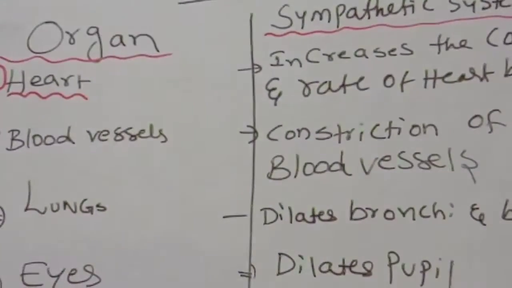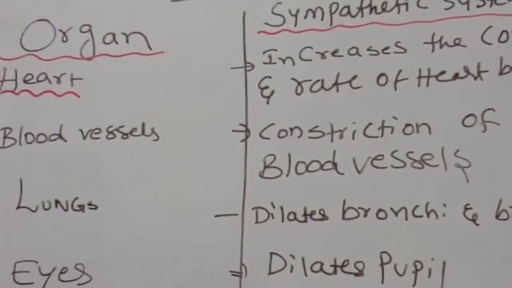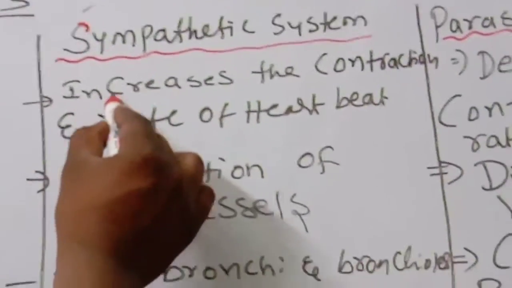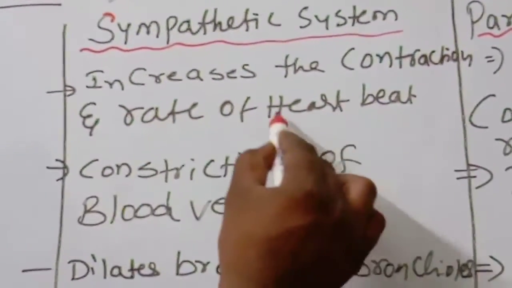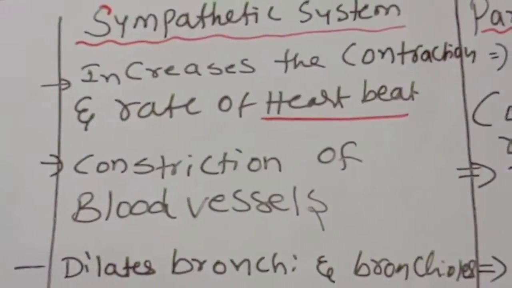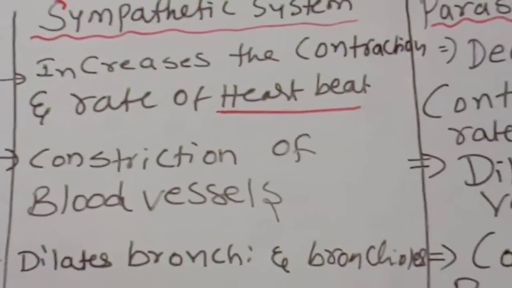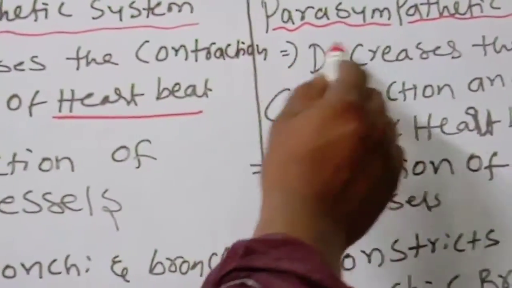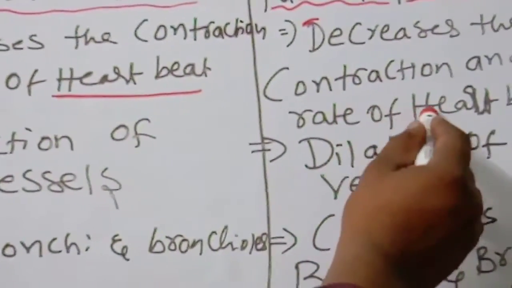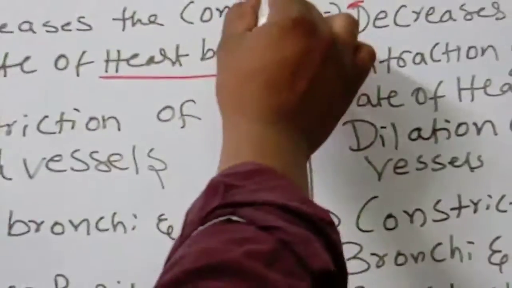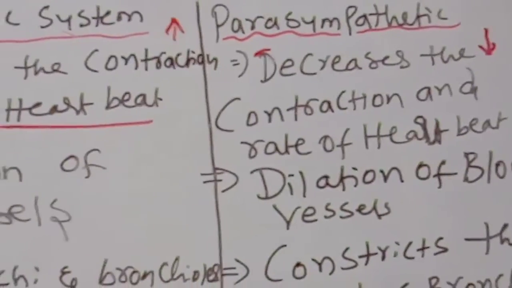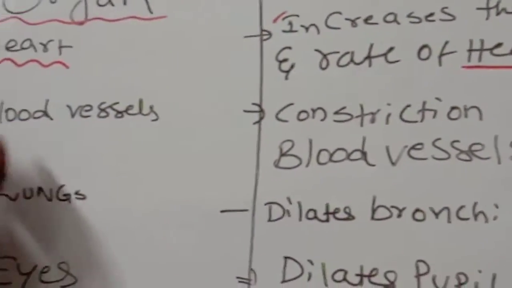The sympathetic nervous system increases the contraction, systole, and rate of heartbeat. Exact opposite, parasympathetic decreases the contraction and rate of heartbeat. One is increasing, one is decreasing.